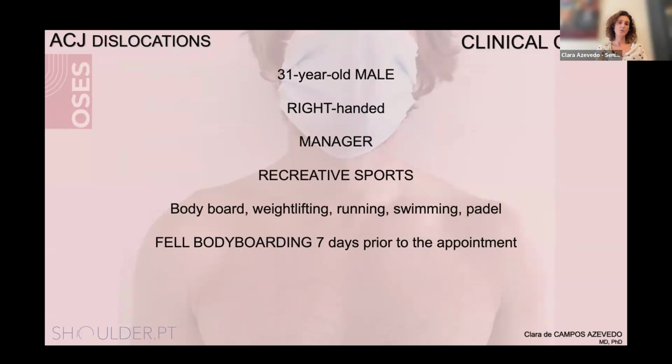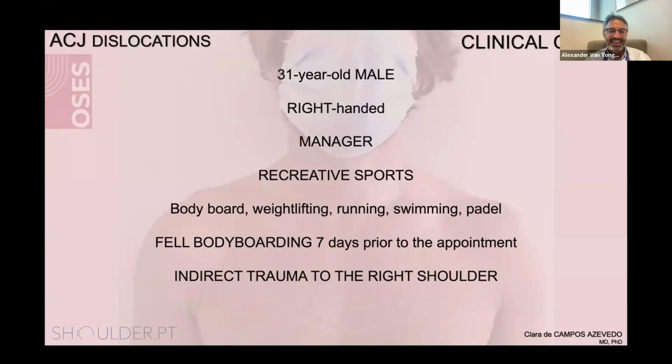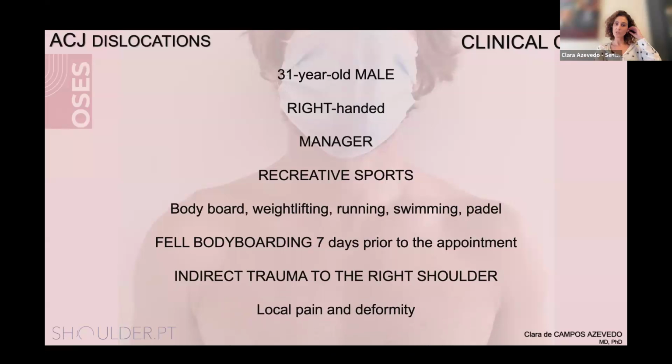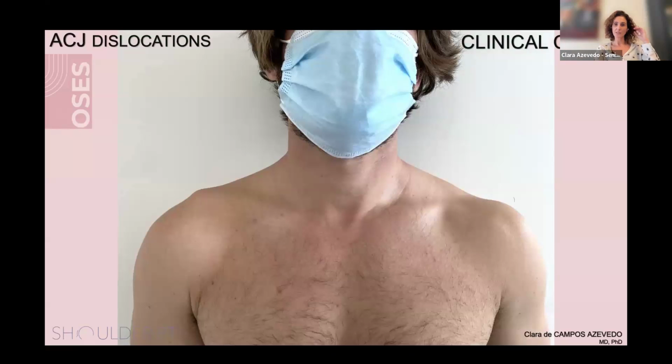He was seen at the place where he was bodyboarding, and then he came back and went to an appointment with me. So it was as if I had seen him in the emergency room and hadn't convinced him to have surgery. Right, Alex? Okay. Perfect. So he had an indirect trauma to the right shoulder, and he has local pain and deformity. And this is how he presents to you.